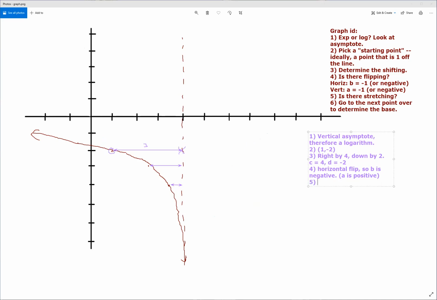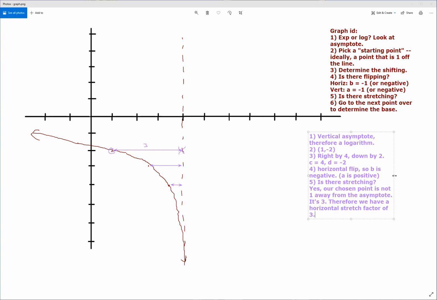All right, is there stretching? Well, in this case, there is because we're not one off the line. Yes, our chosen point is not one away from the asymptote, it's 3. Therefore, we have a horizontal stretch factor of 3.